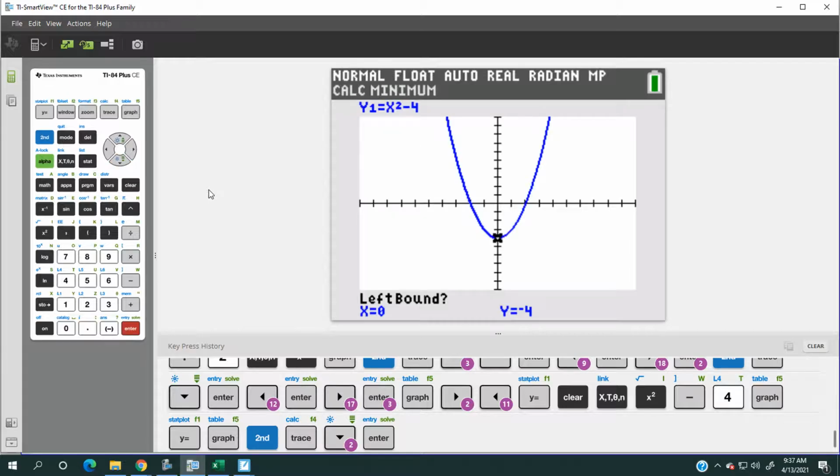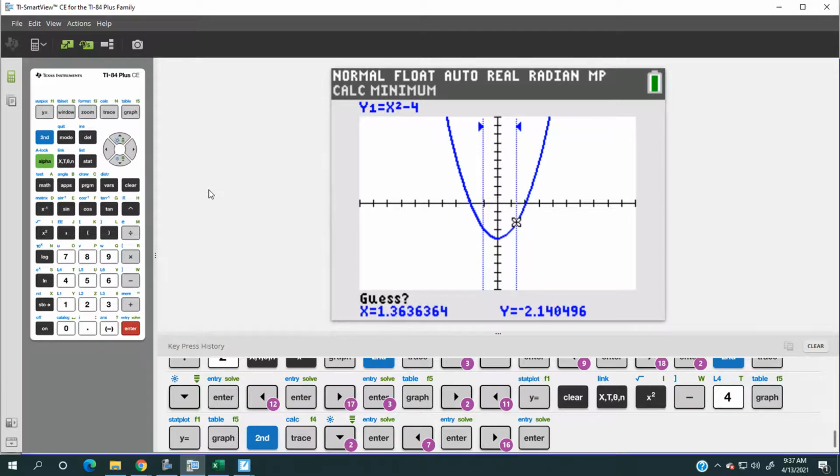All right. I'm going to go left a little bit. Press enter. Go to the right a little bit. Press enter. So now I got my 2 rulers, so to speak, the 2 lines. Guess, okay, enter, and let's see, what's the minimum here? Where x is -1. Wait, that makes no sense.